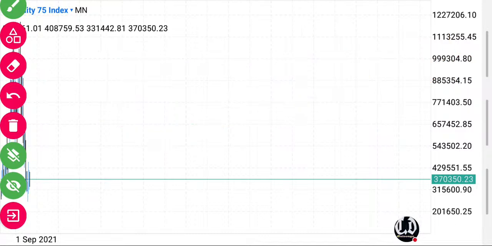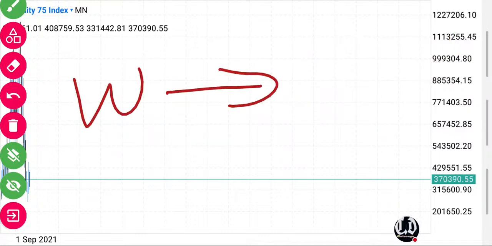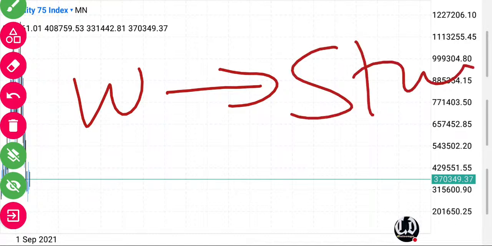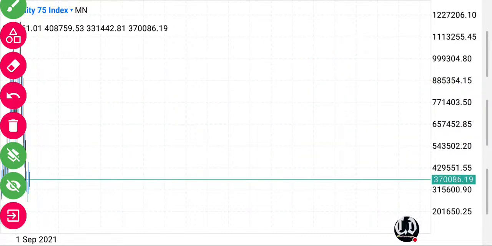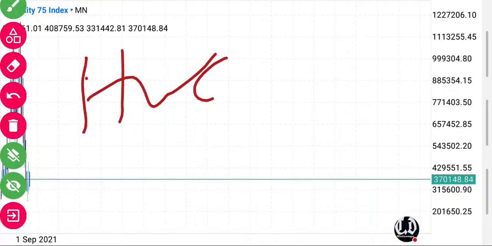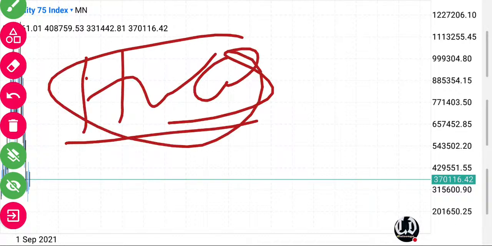Direction. Weekly is for what? Structures. It is for structure. Weekly and daily are for structures. So entry time frame, we always take entries on hourly time frames.